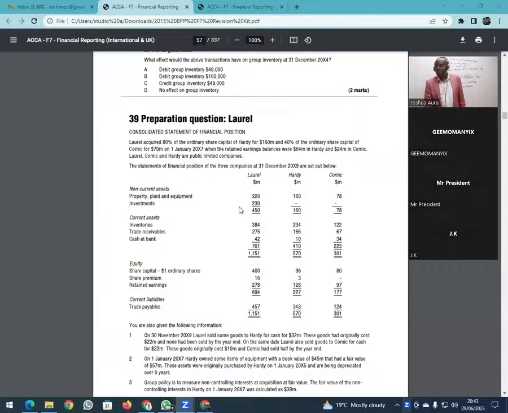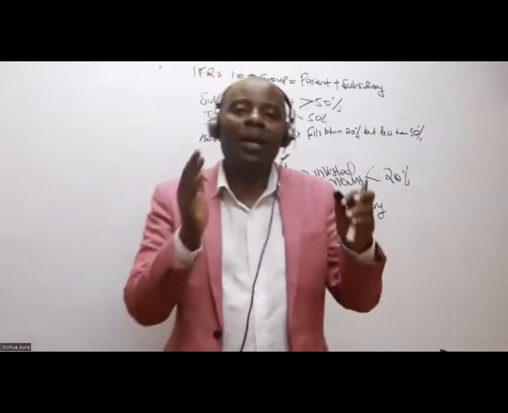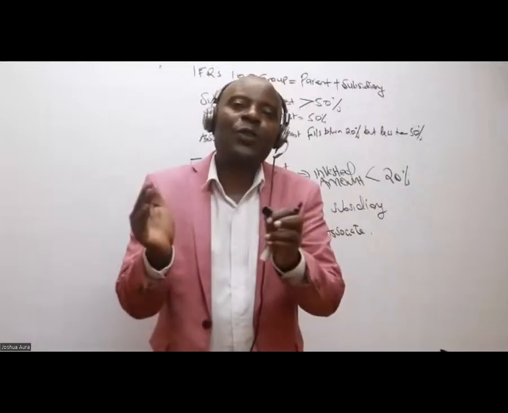So, ladies and gentlemen, what do they want me to do? If you look at the question down here, they want me to prepare a consolidated statement of financial position for Laurel and its subsidiary. They're very categorical. As at 31st December 2019, incorporating an associate in accordance with IAS 28, where IAS 28 basically tells us to use the equity accounting method for associates.